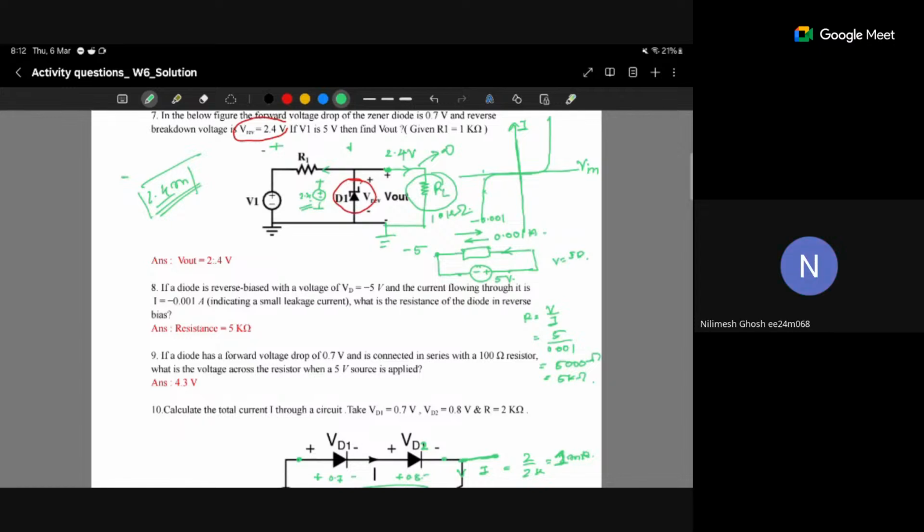No, sir, minus 4.9 volt, the reverse breakdown voltage. We are connecting this diode in this configuration, right? So here it is 4.9, right? Let's say, just we'll clear it up. After that we'll analyze.